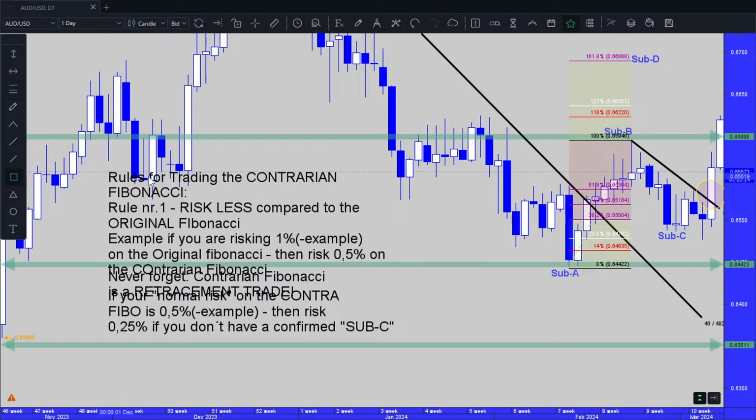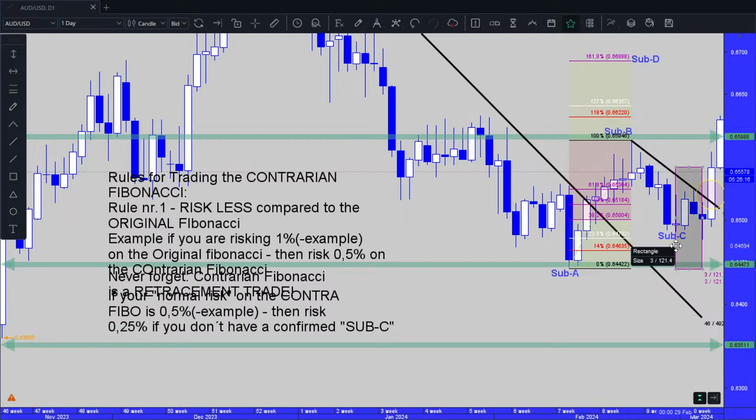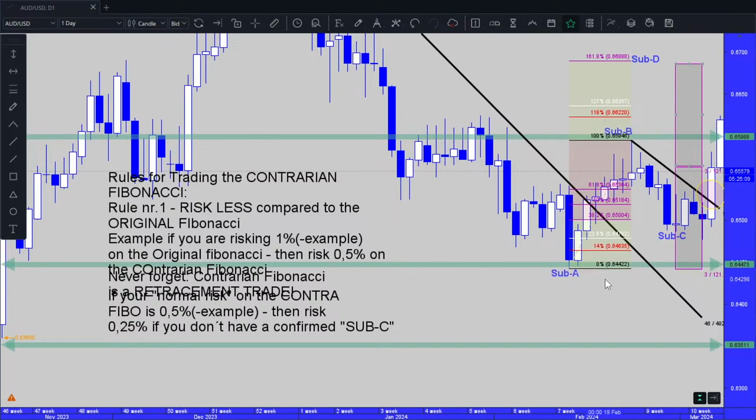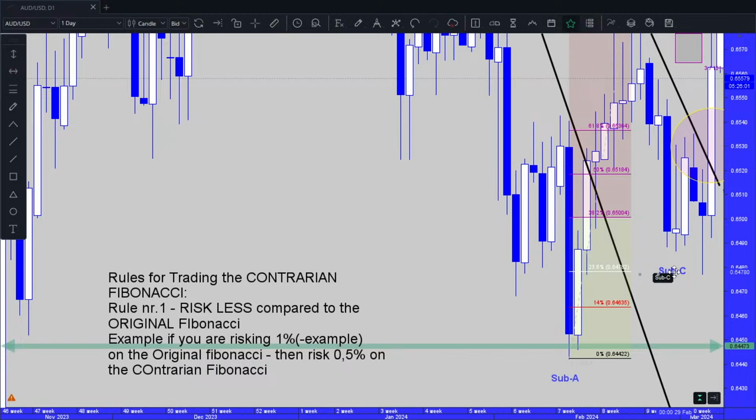Now, listen up. How is our risk-reward ratio if we put the stop loss below the sub-A? And even worse, this is the sub-C, right?